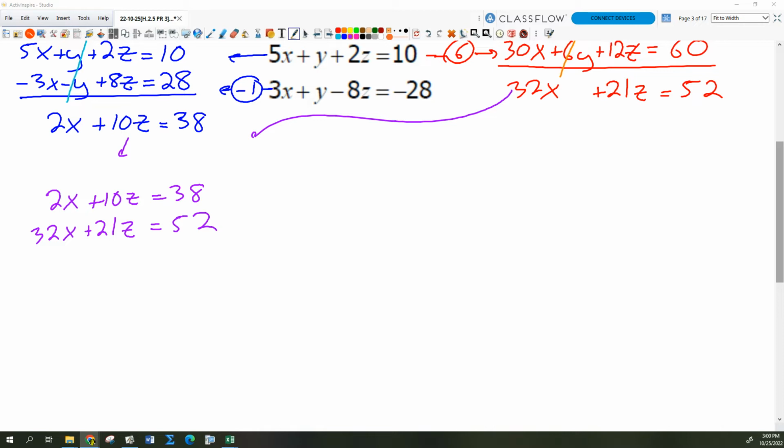So we'll multiply the top one through by negative 16, bottom one we'll leave alone. That's going to give me negative 32x minus 160z equals negative 608.